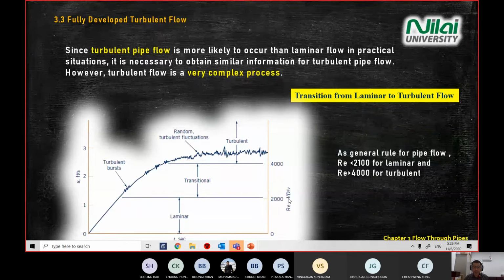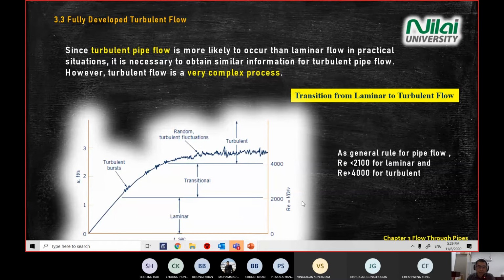This Reynolds number uses Vd divided by kinematic viscosity. Important is that you look at the magnitude of the velocity. If you see laminar flow, the U is very constant, a straight line. In turbulent flow, the U keeps changing. It's not stable.